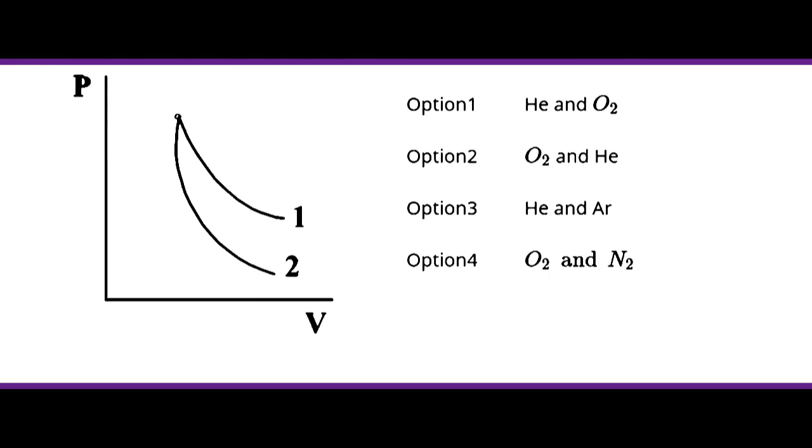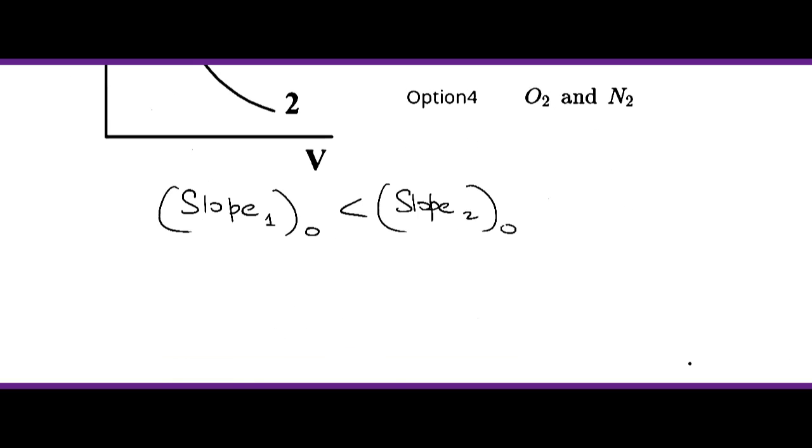So if we look at this point, let's call this point O, we can see that the slope of process 1 at point O is less than the slope of process 2 at point O. Now for an adiabatic process, we know that PV to the power gamma is equal to constant.